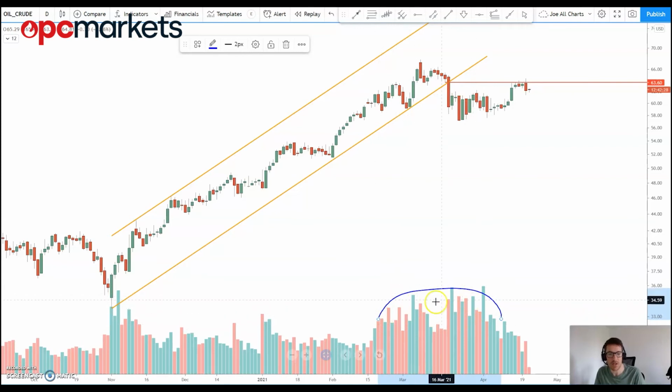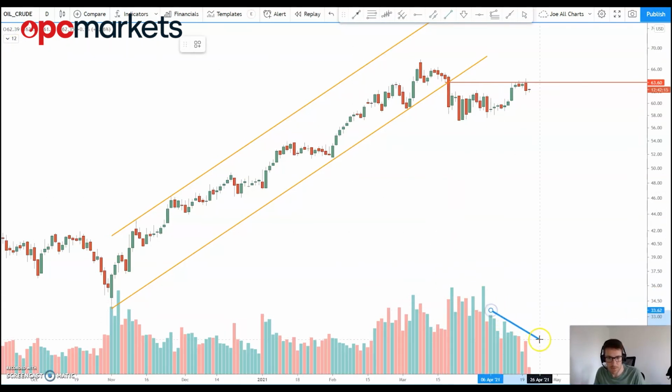Maybe that's a rotation. Maybe we're seeing money coming out of it, but also new money coming in. It's quite a difficult one to pinpoint, but I think the real important part is this part here. In this grind higher, or this attempt to overcome this resistance level, we have seen the volume drop off quite considerably.